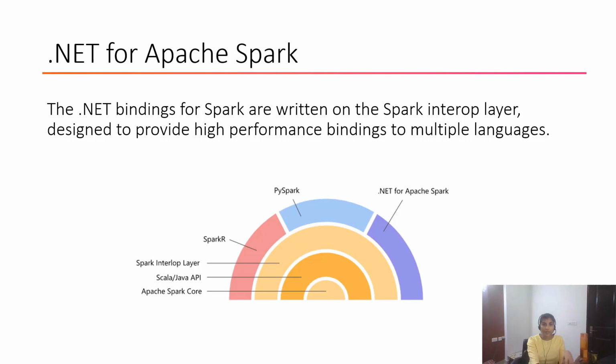So what you need to do, you need to install .NET, or you need to install Java, you need to install some compression software, and then you need to install Apache Spark, and then go ahead and install .NET for Apache Spark.